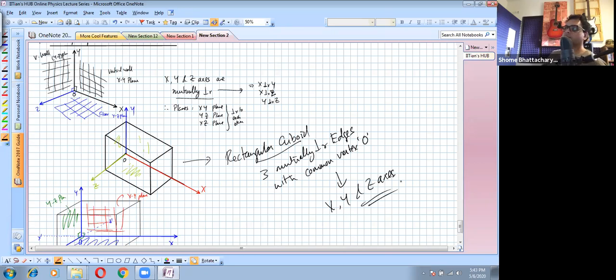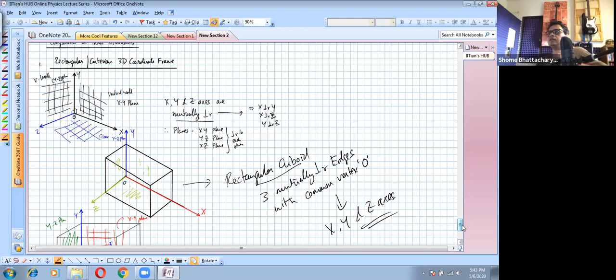So this is how we visualize our x, y, z coordinate system. This is the first step. Understand what is a mutually perpendicular axis, or what is a Cartesian coordinate system that we draw in 3 dimensions. It has to have 3 axes which are mutually perpendicular.